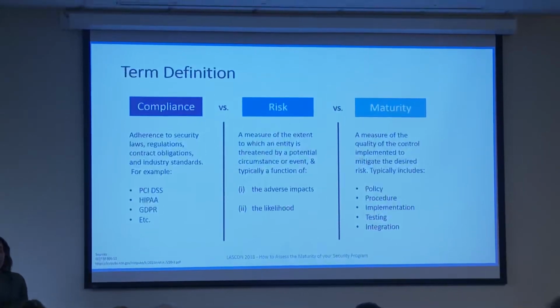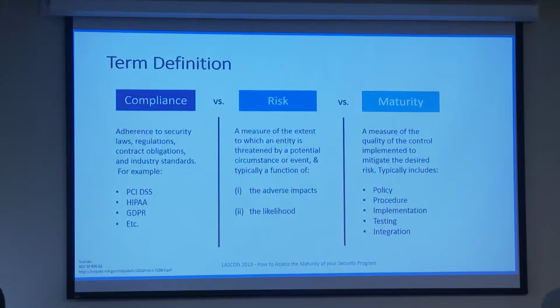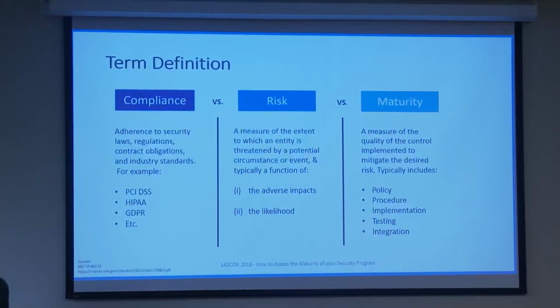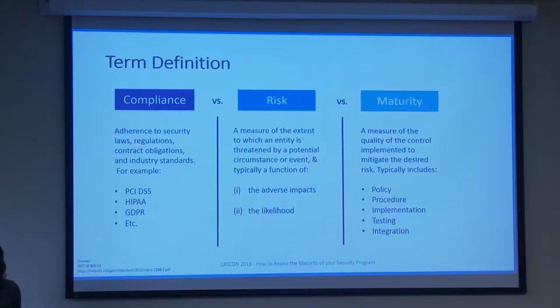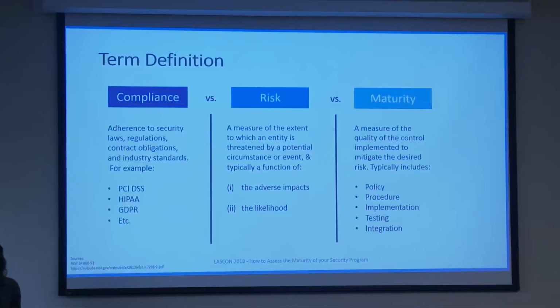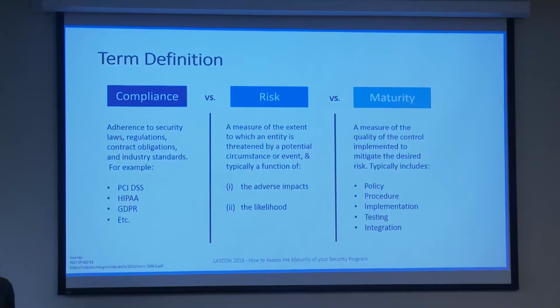We're not going to talk a lot about a risk management program, but what's important here is to understand the relationship between risk and maturity. Typically within organizations, you have a risk management program. You're measuring your risk from a low impact risk to a critical risk. Hopefully for any critical or high risks, you're going to want to put a mitigation plan in place to reduce that risk.